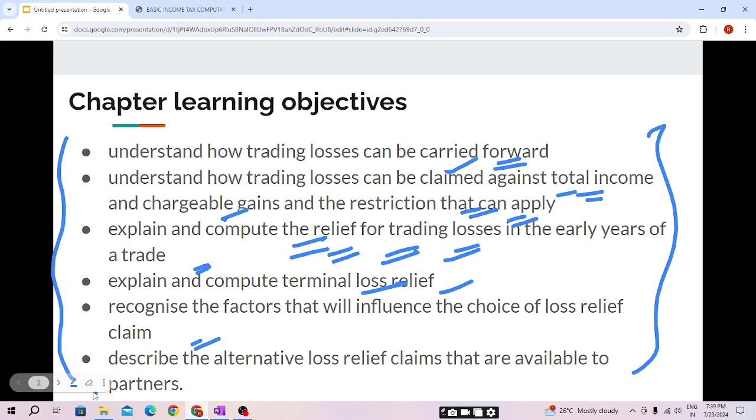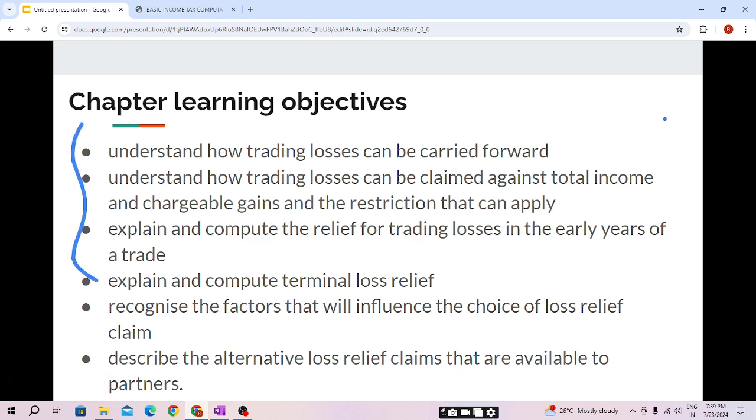So we have many types of relief, and to decide which relief to claim, there are some factors which will affect it. Now we need to decide which relief we will claim first so that we have more tax advantage. So we will be studying the factors which influence the choice of loss relief.